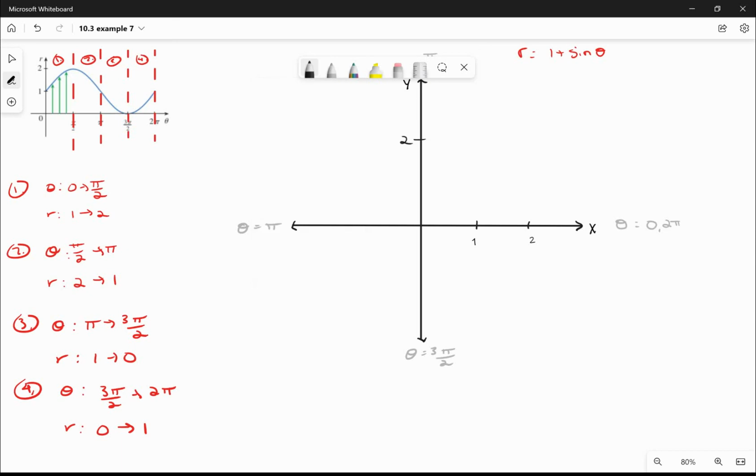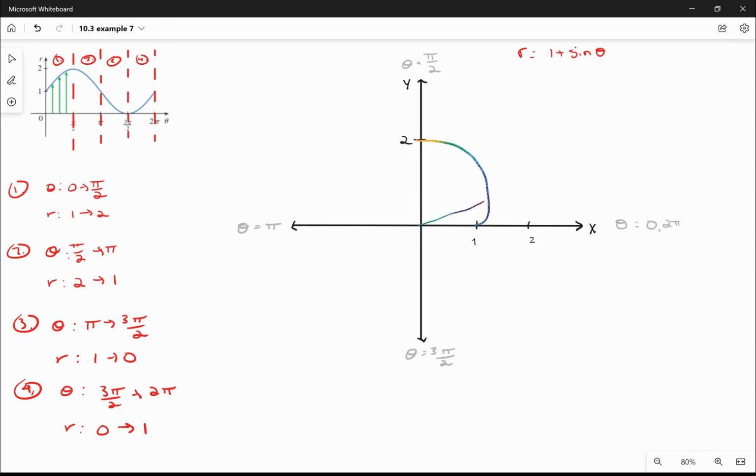So we're going to go from 1 up to 2. Let's try to do that a little bit better. 1 to 2, and you see this behavior where the value of r is increasing.